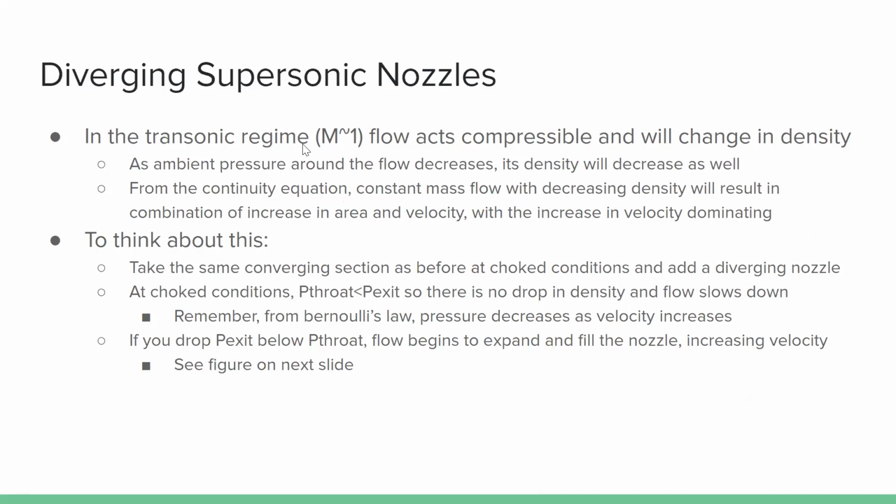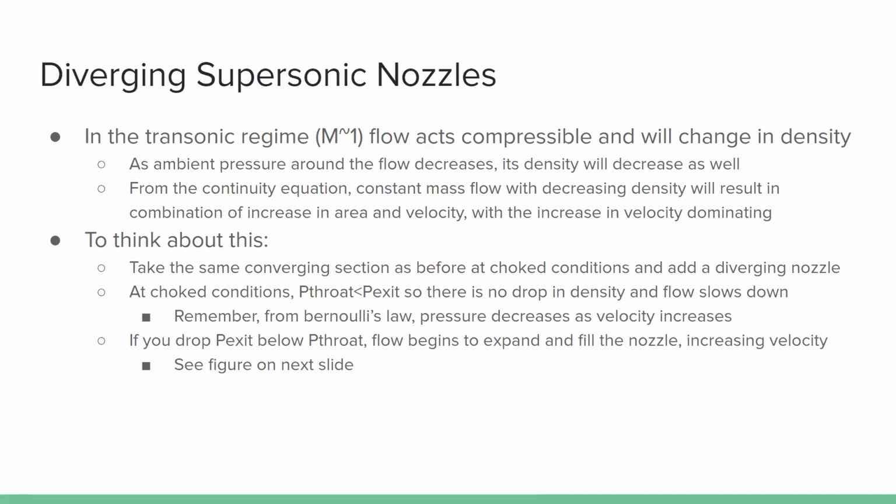So anyway, as I said before, when your Mach number is around 1 in the transonic flow regime, flow is acting compressible, so density will change. This is from the previous example of the flow through the pipe and then the converging nozzle.